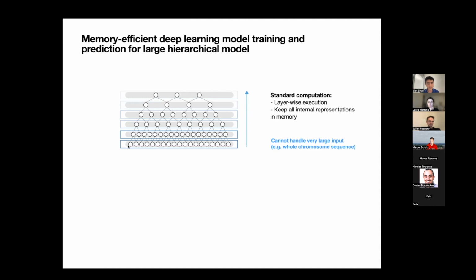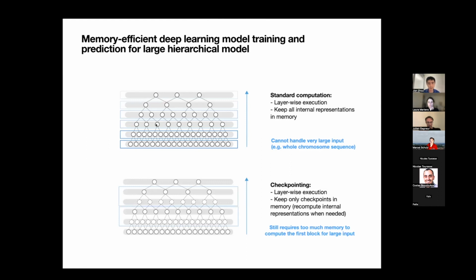The standard deep learning model execution is layer-wise sequential execution, and all the internal representations are saved for use in the backward pass, right? But this requires a lot of memory because you need to memorize all the internal representations.